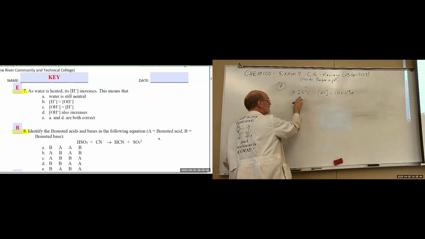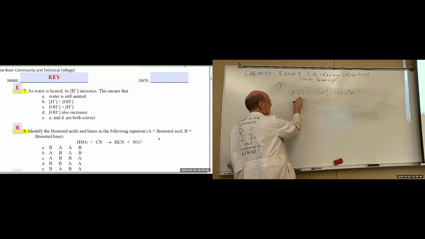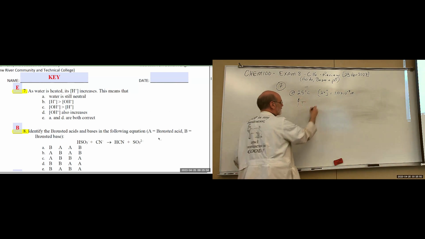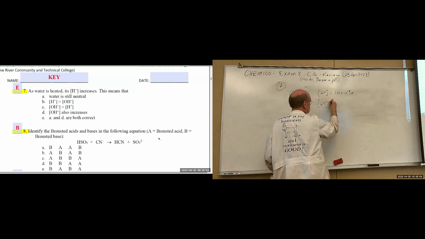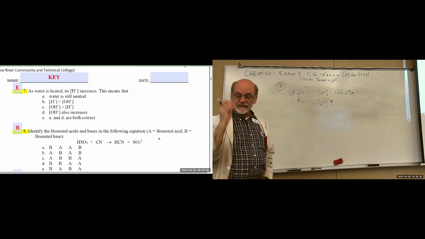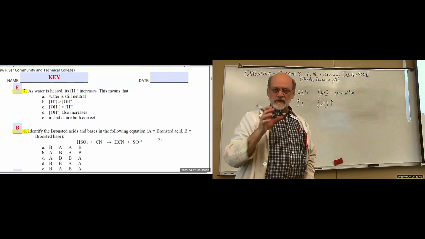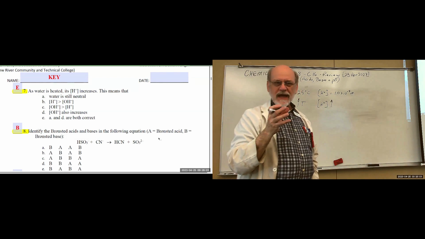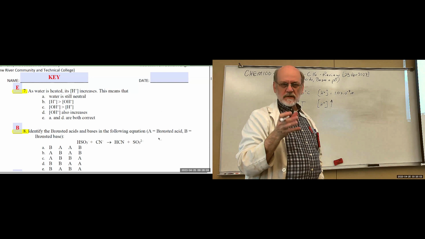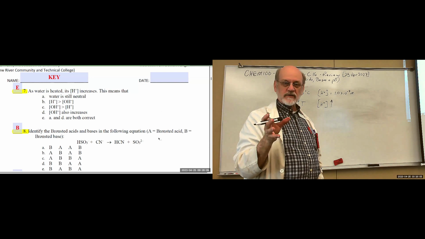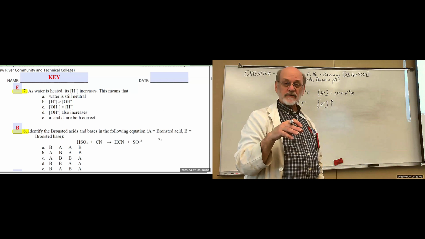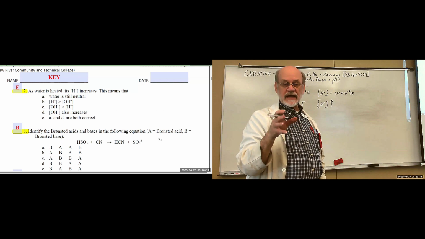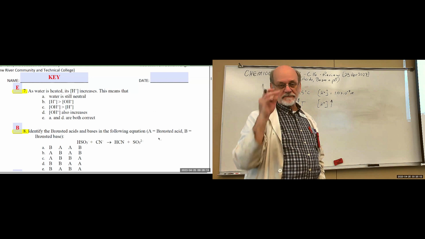And they're saying if the temperature increases past this, then this hydrogen ion concentration increases. Okay? Now, look at our answers. A, water's still neutral. B, hydrogen ions greater than hydroxyl. C, hydroxyl's greater than the hydrogen ions. D, hydroxyls also increase. And E, A and D are both correct.